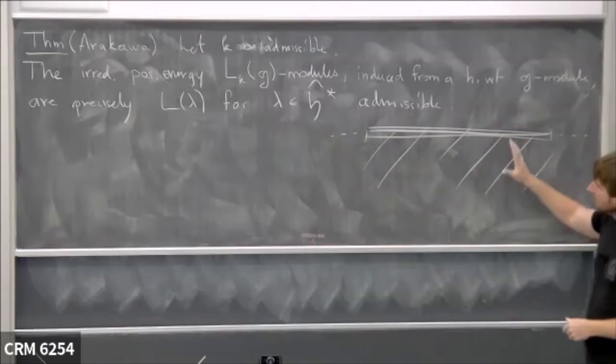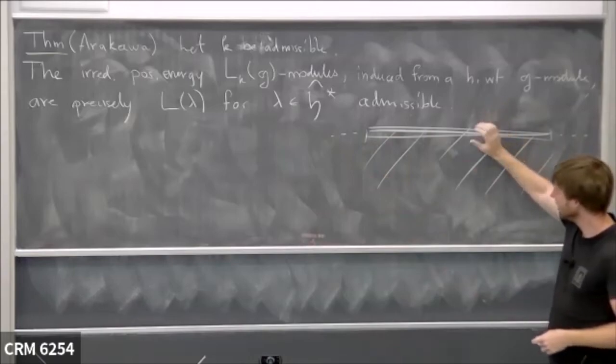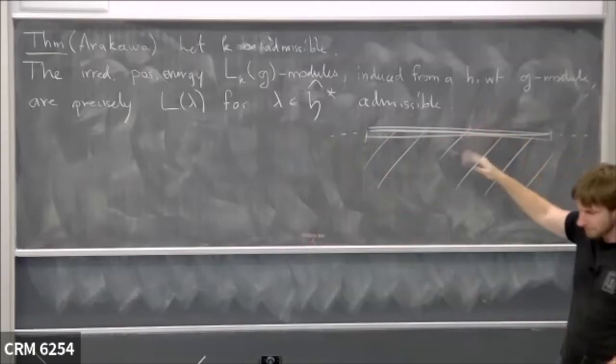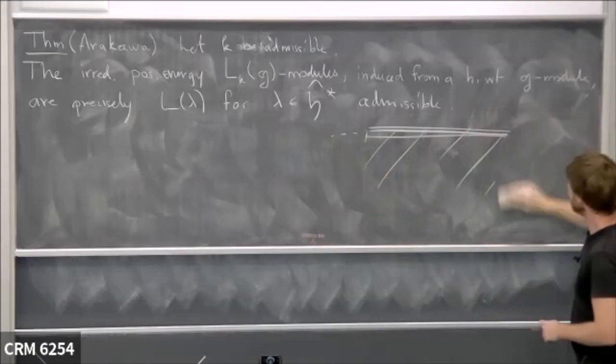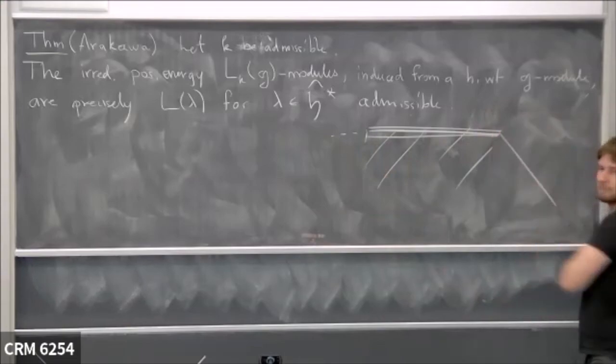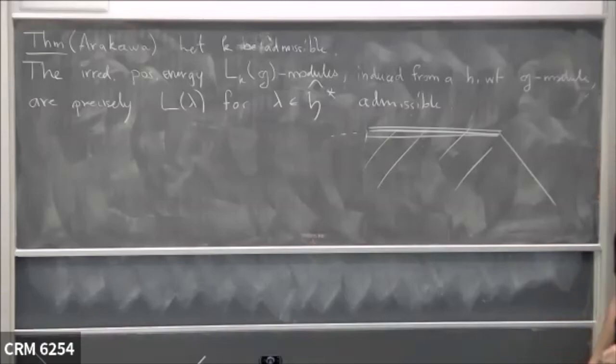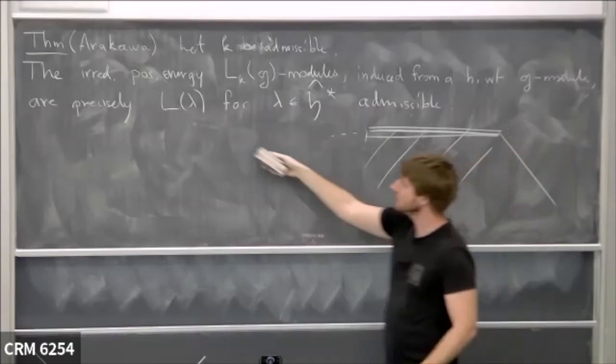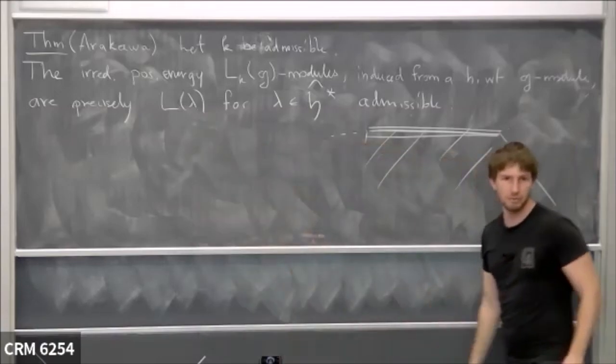So I'm saying this theorem is not making an assertion about those modules. It's saying if the top piece is a highest weight module for g, then the module that you're restricting is one of these admissible irreducible modules.